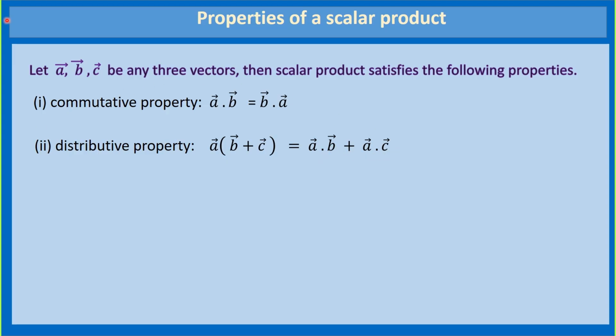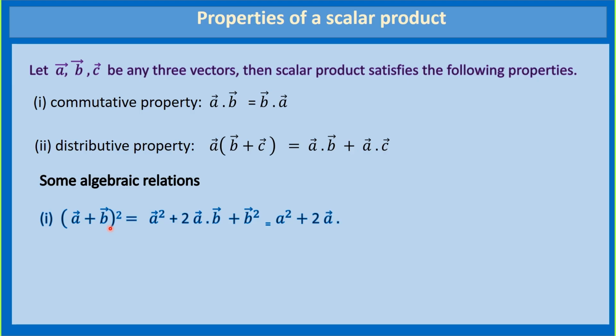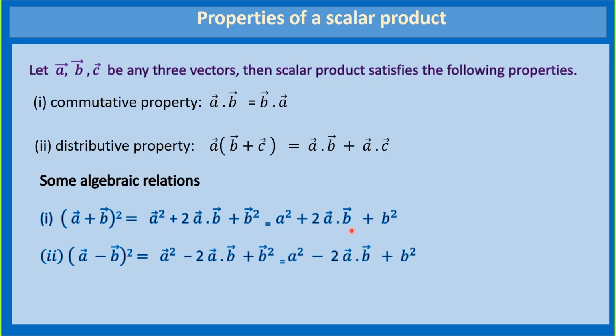Scalar product satisfies some algebraic relations, and the relations are given here. The square of vector A plus vector B is equal to A square plus 2 vector A dot vector B plus B square. Similarly, the square of the difference of vector A and vector B is equal to A square minus 2 vector A dot vector B plus B square.